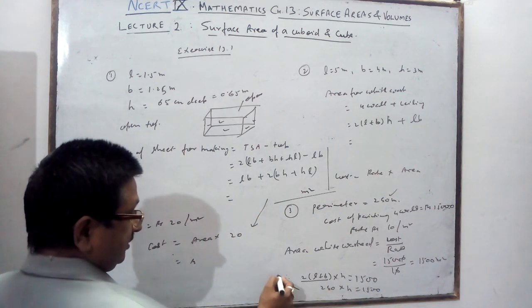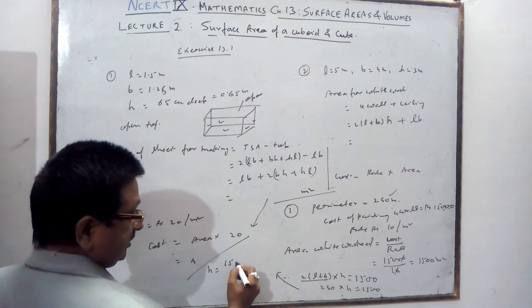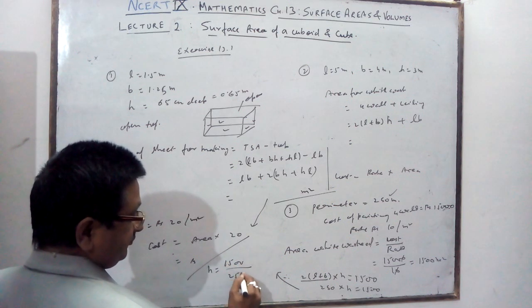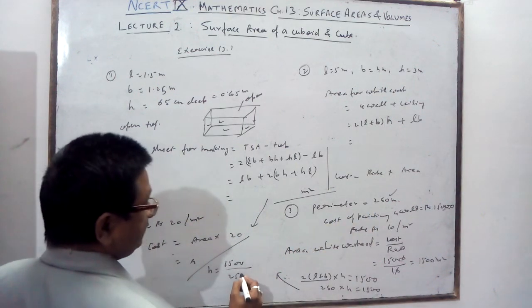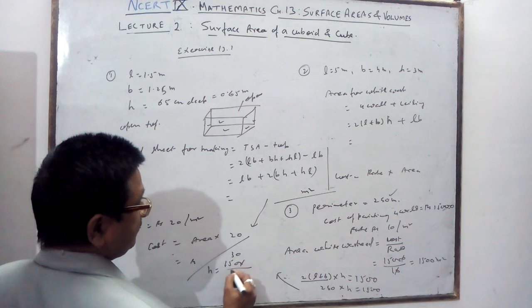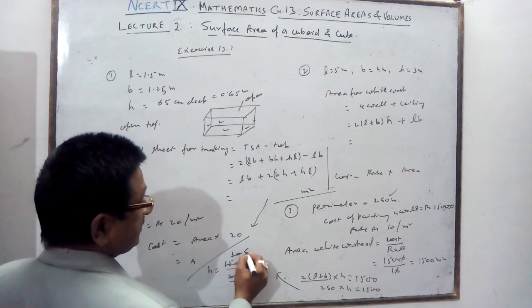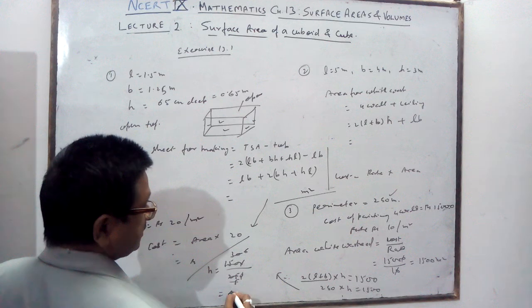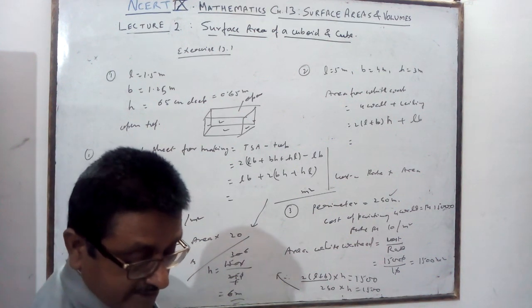Therefore H is equal to 1500 divided by 250. 5 5s are 25, 5 3s are 15, and 5 6s are 30. What is the height of the room? It is 6 meter. Very simply you are getting it.